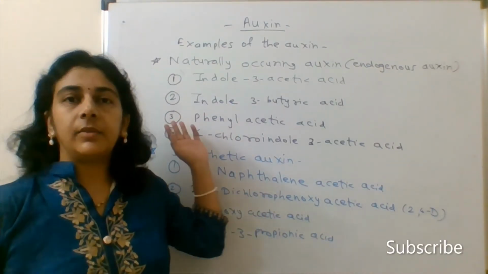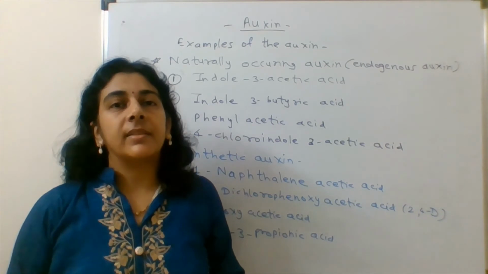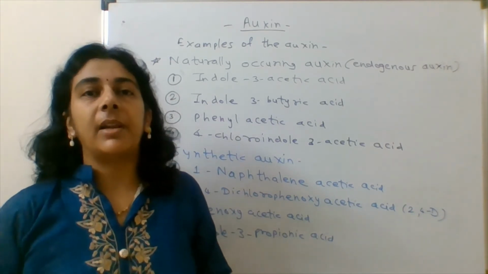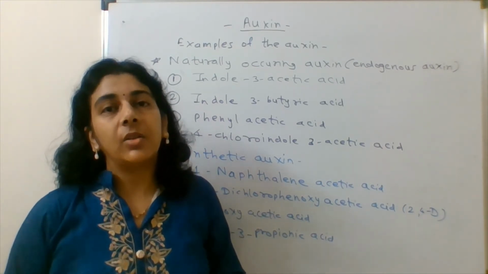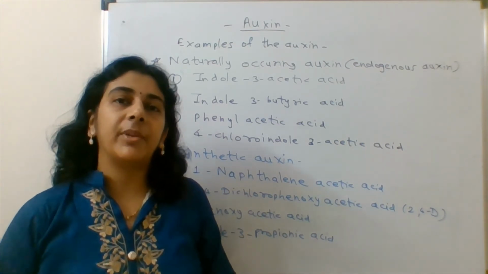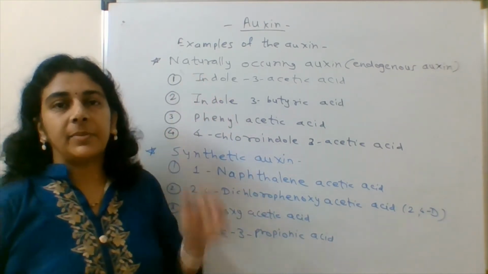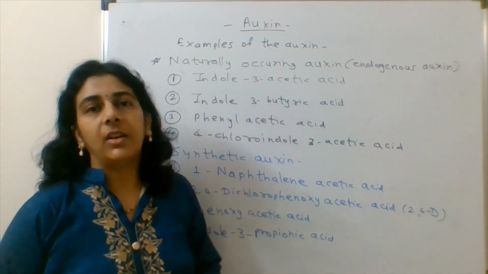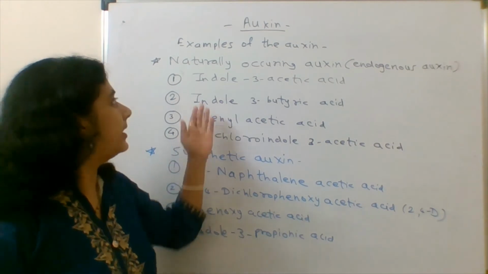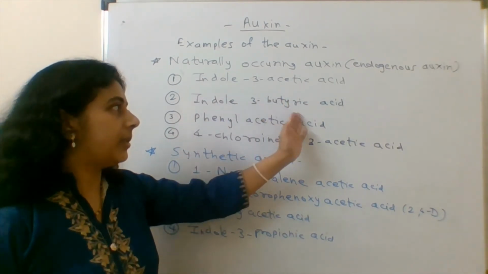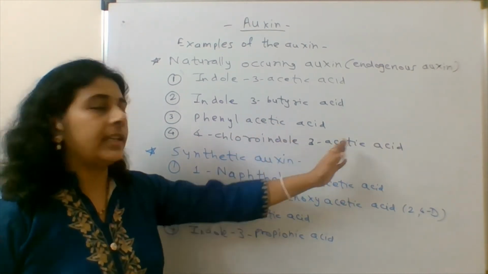Now here we are having the list of examples of the auxin. See, auxin can be prepared synthetically and it is present in a plant naturally also. The naturally occurring auxins, we call it as an endogenous auxin, and another we can prepare it in lab, it is called as synthetic auxins. First, the list is about the naturally occurring auxin: indole 3-acetic acid, indole 3-butyric acid, phenyl acetic acid, and 4-chloro-indole 3-acetic acid.